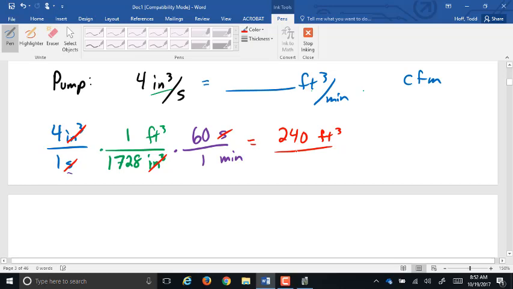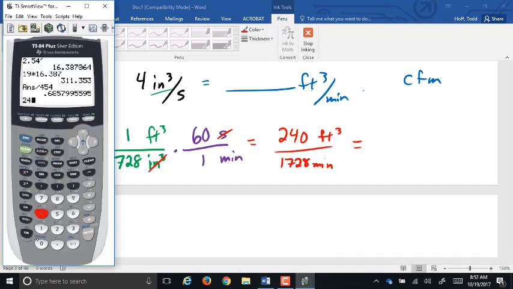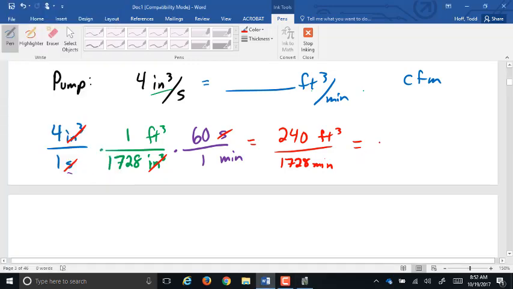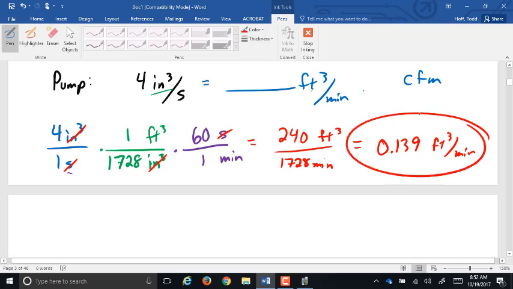On bottom, 1 times 1728 times 1 minute is 1,728 minutes. So it's 240 divided by 1728. 0.139 basically cubic feet per minute. That's not very good.